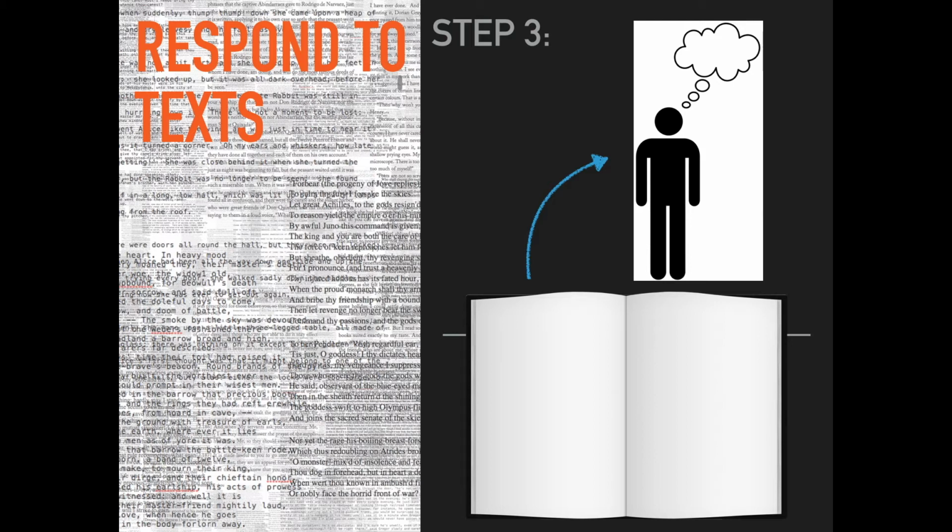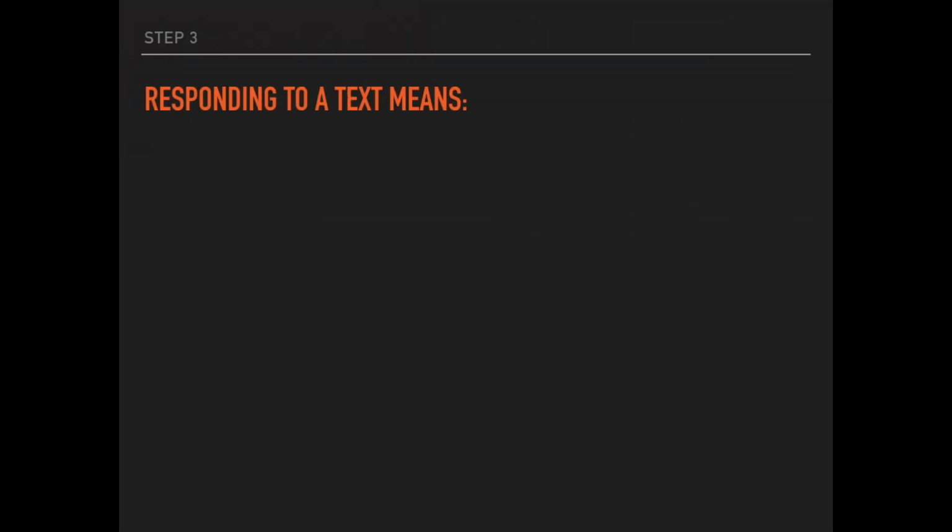So essentially, studying a text in English is not so much understanding what the text says, but what you can then do with the text, or what you can do as a result of having responded to that text.